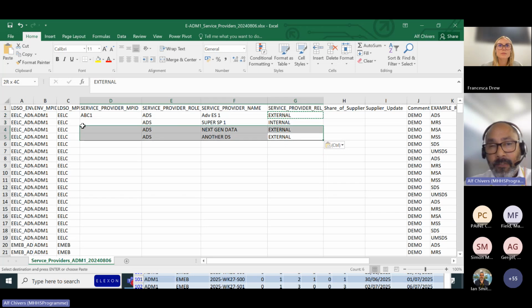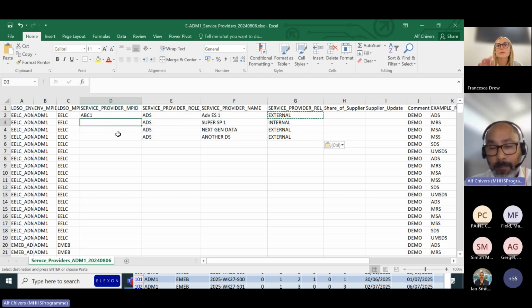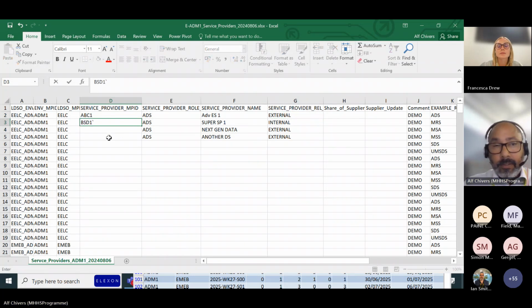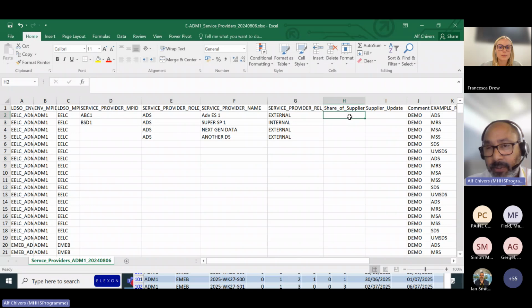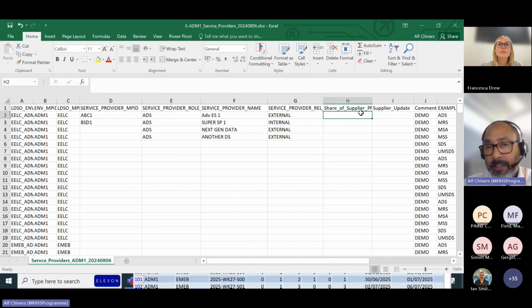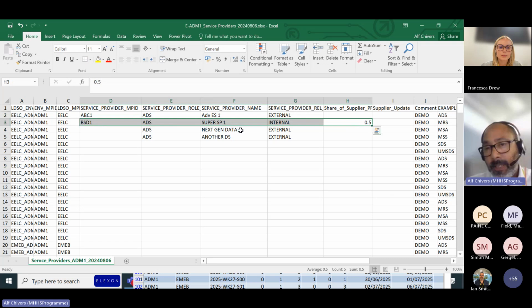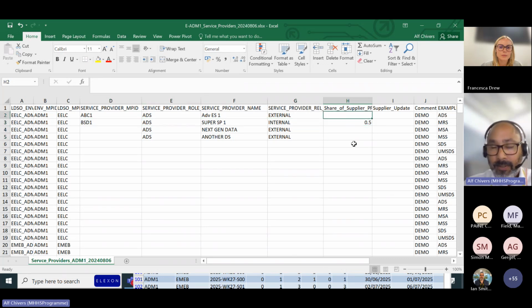And so there's the 4 advanced data service providers, of which we may have an MPID for only a couple of them, for example, and for the other ones we'll just do our best to get some kind of referential integrity on that. And what we're looking for is, okay, what's the share? So we could assume under this one that 50% or 0.5 of this one is to the internal supplier, and the remaining is almost evenly distributed between the others.